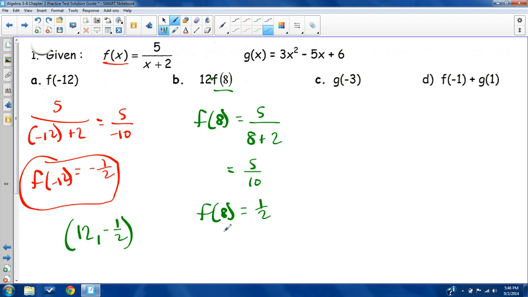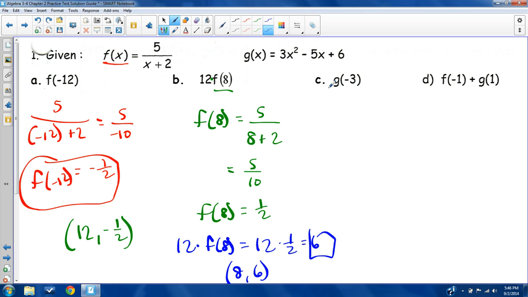So if f of 8 is 1/2, 12 times the f of 8 is 12 times 1/2, or 1/2 of 12, which is 6. So again, another coordinate point that you have here is (8, 6). These are coordinate pairs within your function. I guess this is different because it's 12 times it.